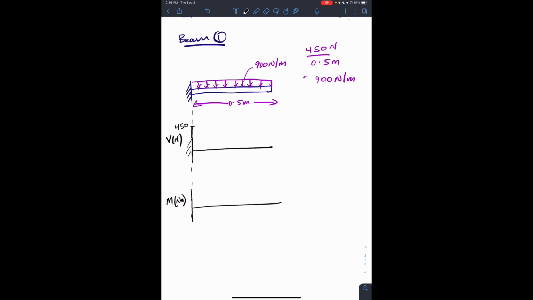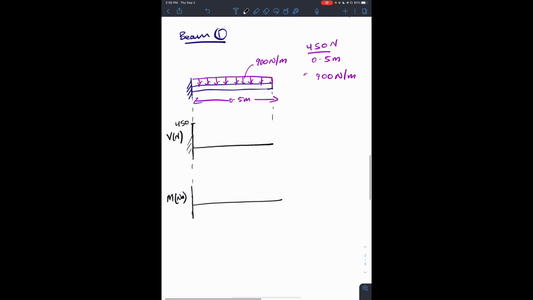So the value would be 450 and the bending moment diagram would be minus 113 Newton meters.